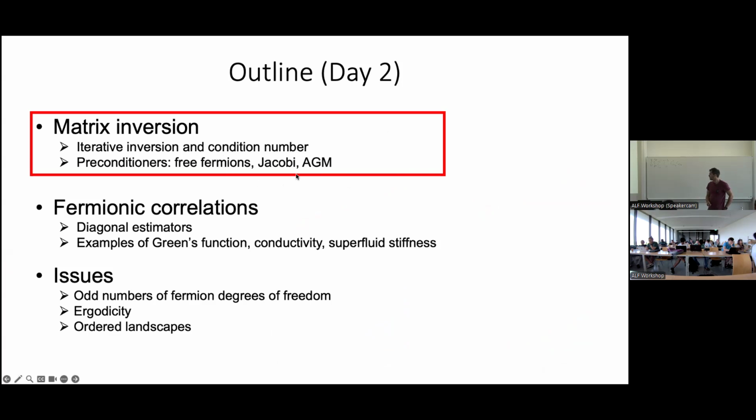I'll talk about the problems with that and what we do to ameliorate these problems. And then I'll talk about how to actually measure fermionic correlations using HMC with pseudo-fermions, which is a little bit not straightforward. And then I'll discuss other potential issues or existing issues with the method and our solutions to them.